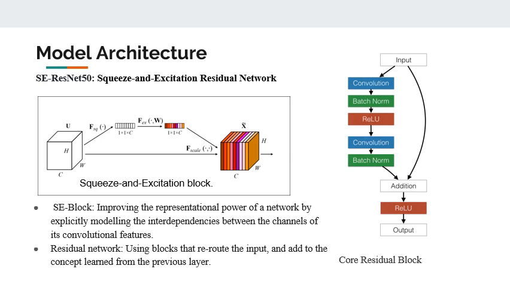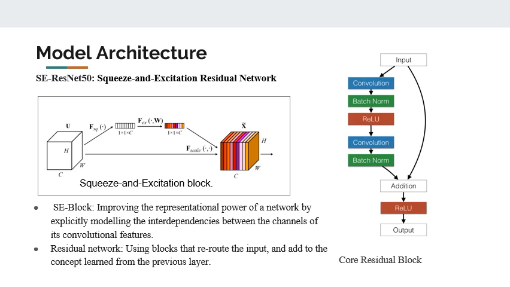The features U are first passed through a squeeze operation, which aggregates the feature maps across spatial dimensions to produce a channel descriptor. This descriptor embeds the global distribution of channel-wise feature responses, enabling information from the global receptive field of the network to be leveraged by its lower layers.